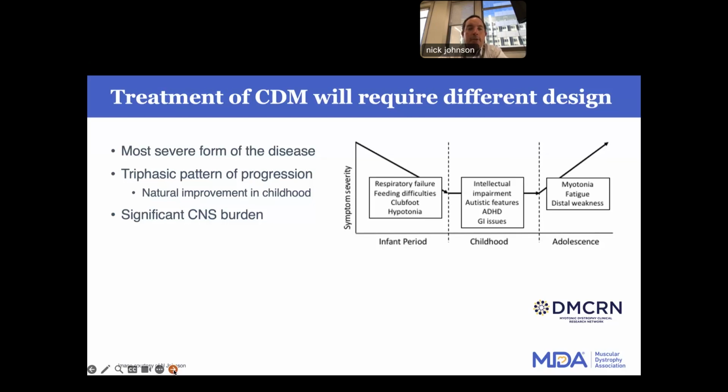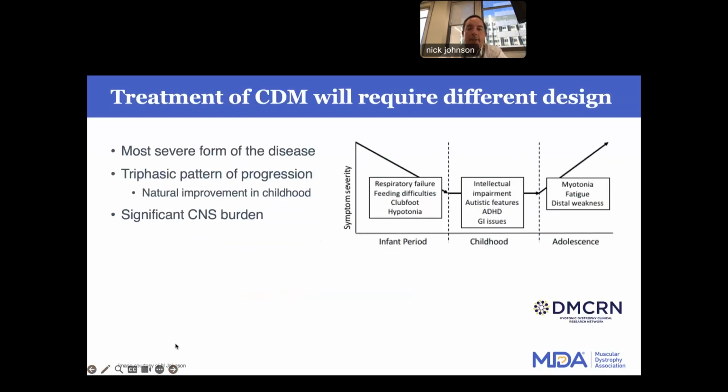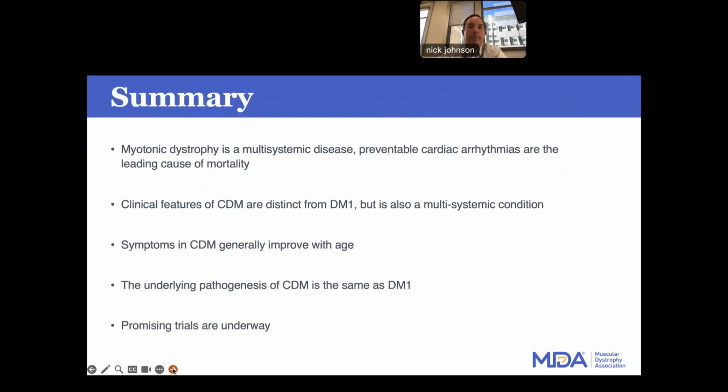It's important to remember that these children do have significant CNS burden, and that needs to be accounted for. Potentially here you might be looking for drugs that are more able to cross the blood-brain barrier.